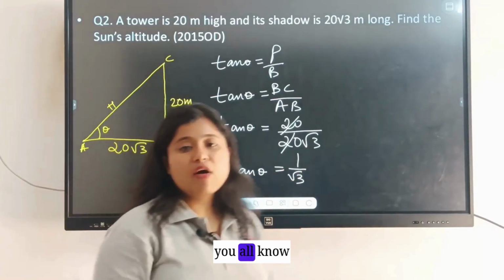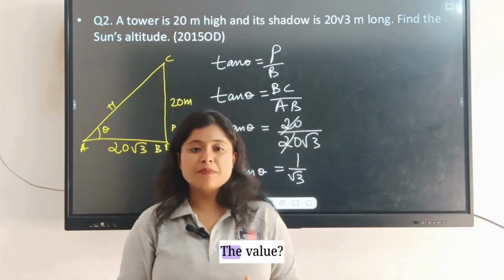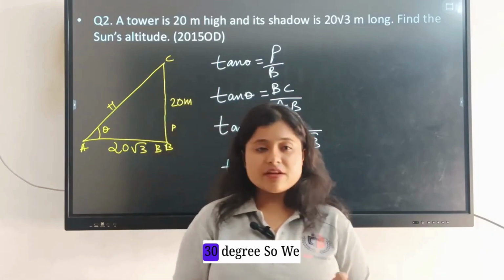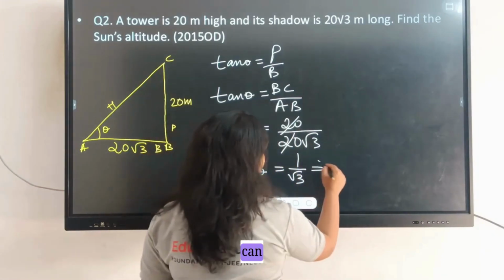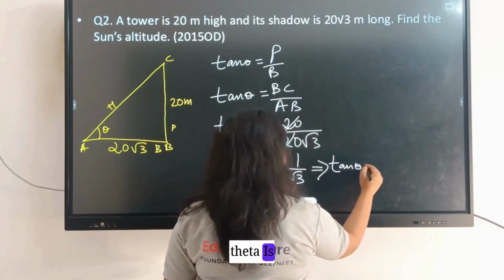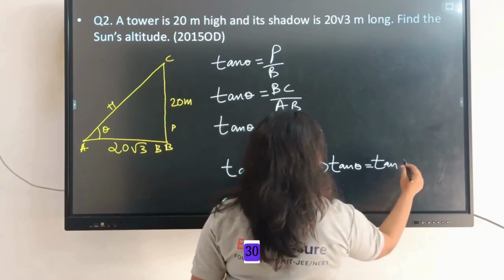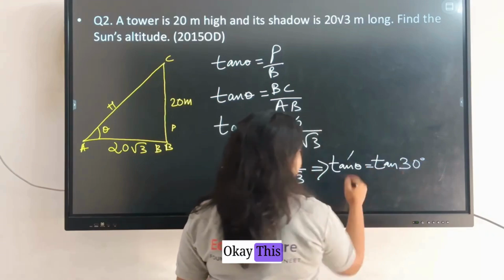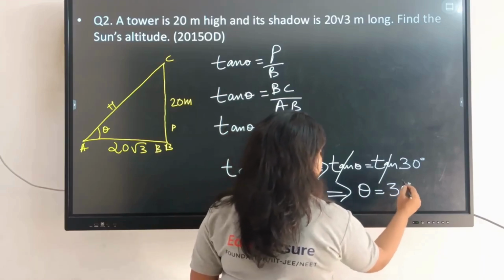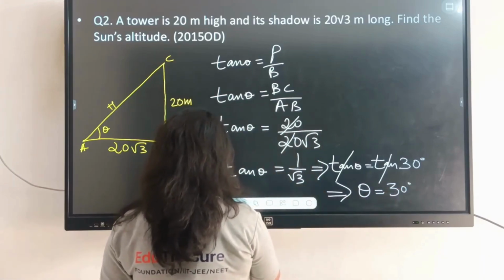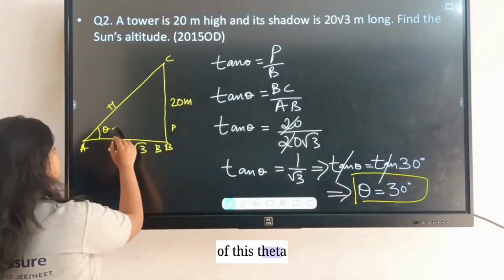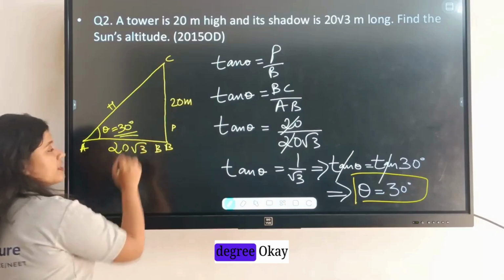As you all know, 1 by root 3 in terms of tan is 30 degree. So we can write tan theta is equal to tan 30. This tan and tan get cancelled, so our theta becomes 30. Hence the value of theta is equal to 30 degree.